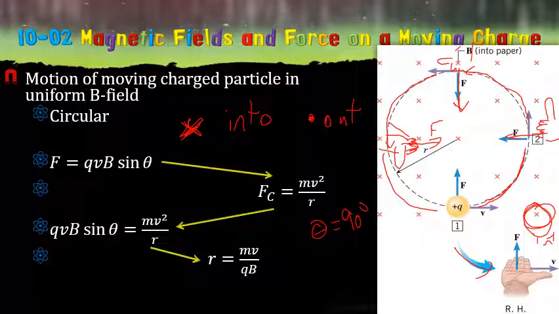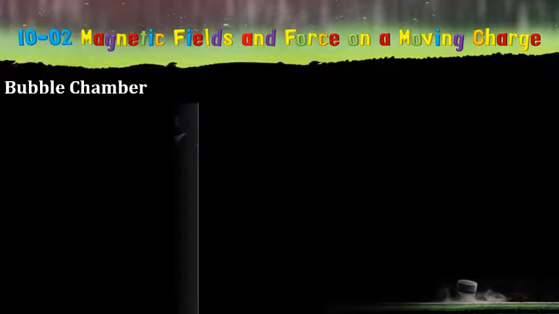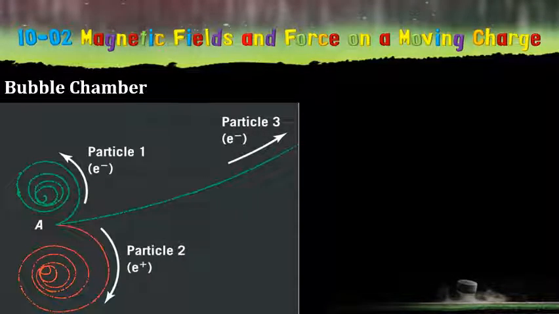Sine of 90 degrees is 1. So I have QVB equals mv squared over r, so r will be mv squared over QVB. One of the V's cancels, so the radius of our circle is mv, the mass of the particle times its speed, divided by the charge and the magnetic field. You can use that to study the particles.